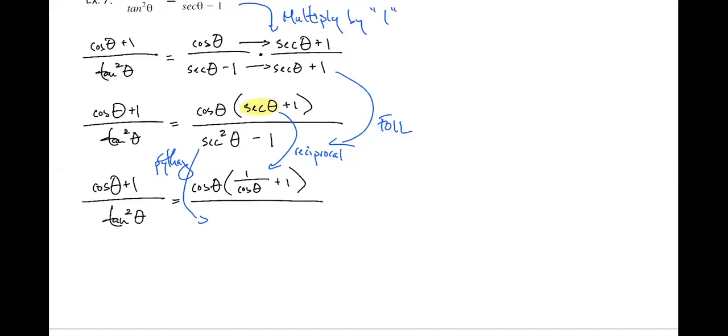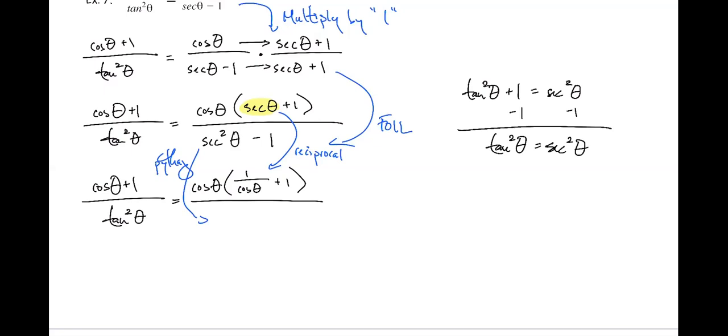Folks said tangent squared theta. Yeah, so tangent squared theta plus 1 equals secant squared theta. So I could say secant squared theta minus 1 if I subtract 1 from both sides. Tangent squared theta is another way of saying that secant squared theta minus 1, exactly.